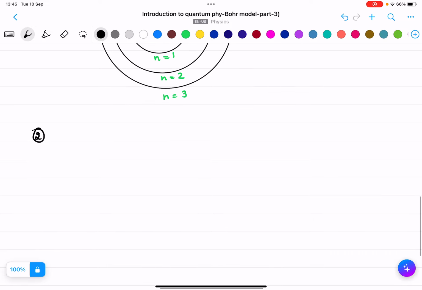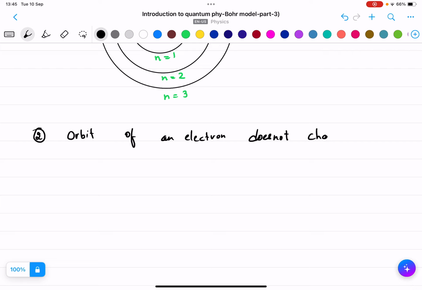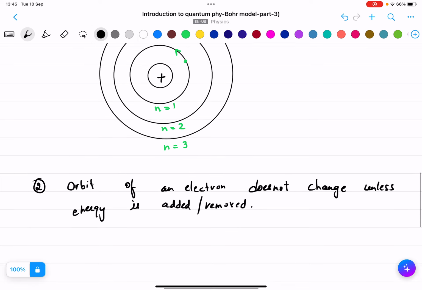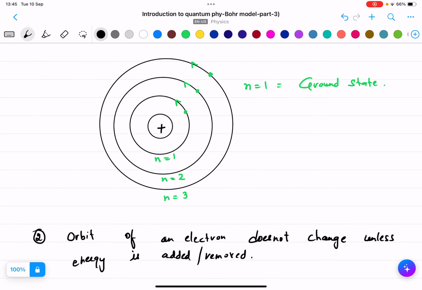The second statement is: the orbit of an electron does not change unless energy is added or removed. That means electrons never change their orbit by themselves.